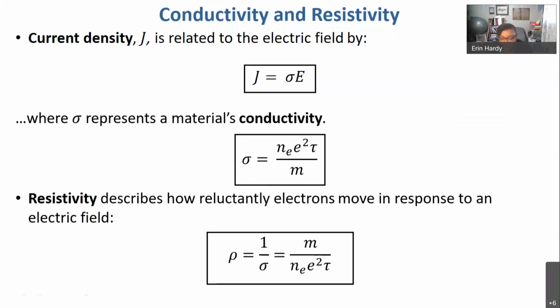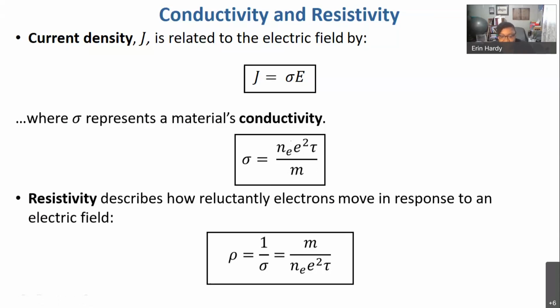It is inverse ohm meters, where an ohm is the ratio of a volt and an amp. So we can find the conductivity of a material if we know what it's made out of, if we know the mean time between collisions, which is this tau, and then once again, we have this embedded charge to mass ratio, E over M. The same way that insulators are the opposite of a conductor, conductivity's opposite is resistivity.